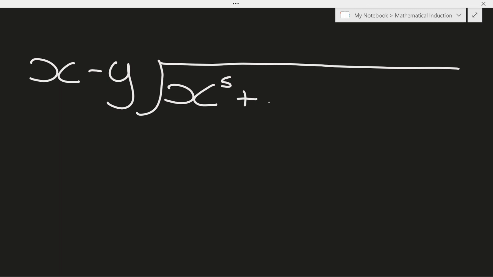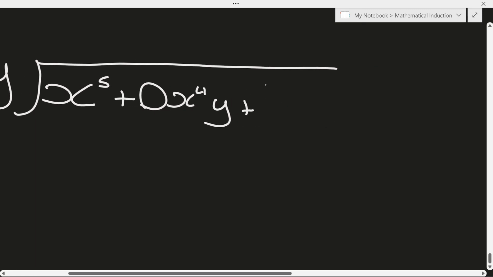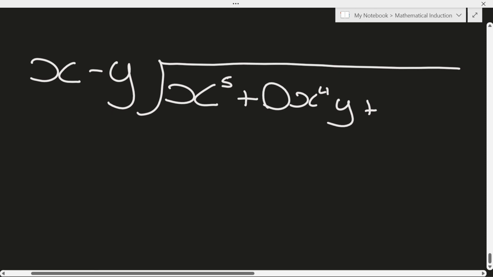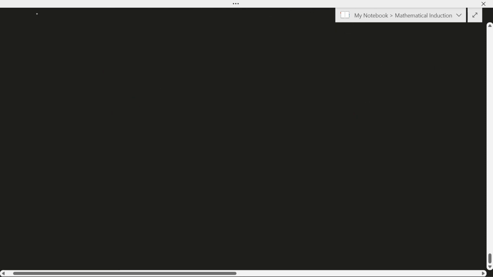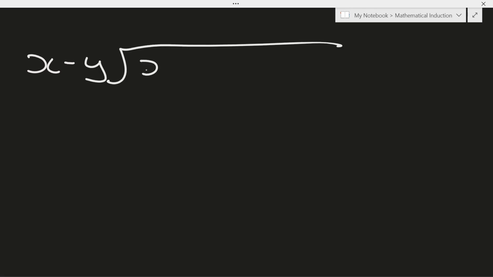Plus 0 x to the 4 y, plus, actually no, I have a test tomorrow. I'm going to just do it anyway. And then you long divide it by x to the power 5 minus y to the power 5. Right, so x into x to the 5, x to the 4.